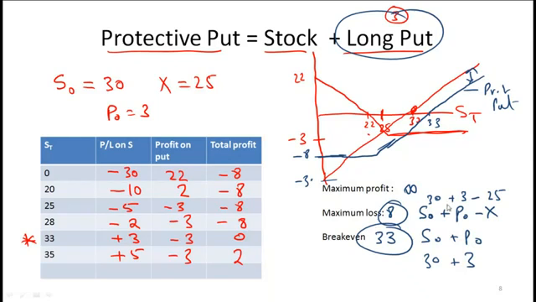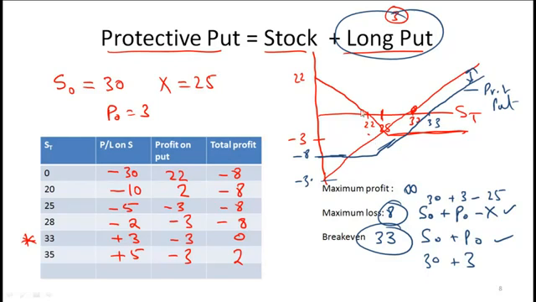Now you need to memorize these equations, and obviously it will be extremely helpful if you can understand all these profit diagrams. It's not that difficult. You simply need to know what the profit diagram for a stock looks like. That's simple. You've learned what the profit diagram for a long put looks like.